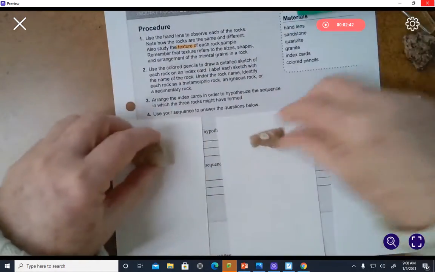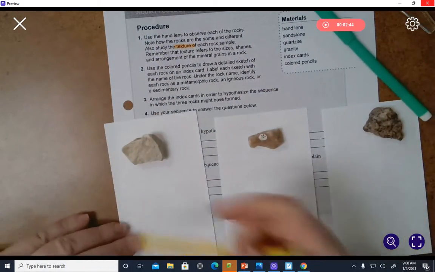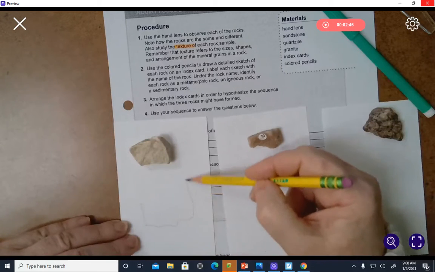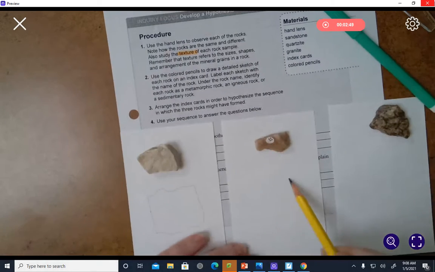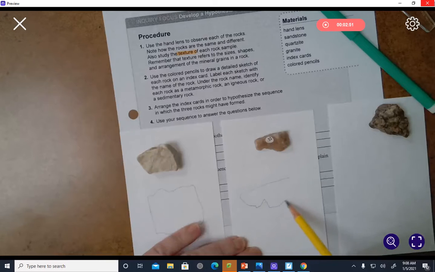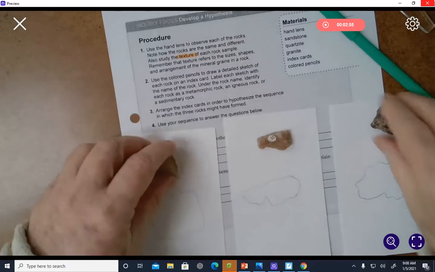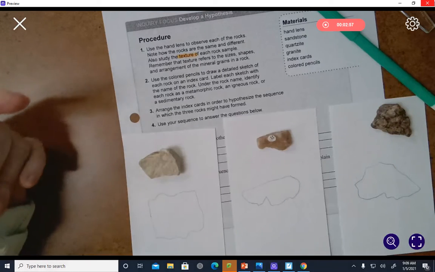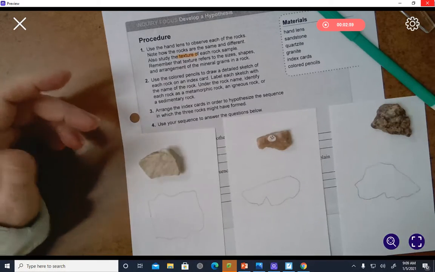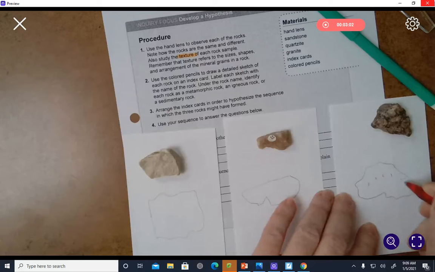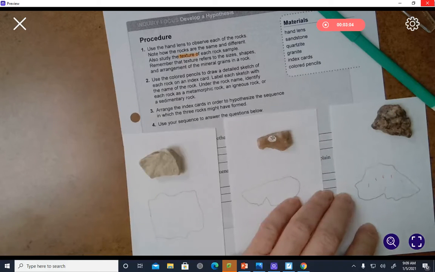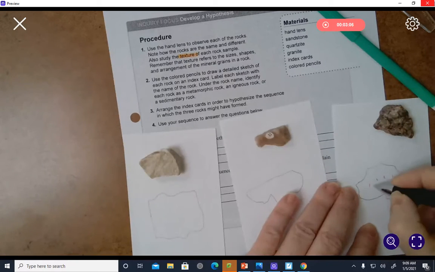So I'm just going to set my rocks here and just sort of sketch them out a little bit. And like so. Then maybe I might get some colored pencils, or this one seems to have some pink in it, and I don't have my colored pencils here, but you do, I know, at home.